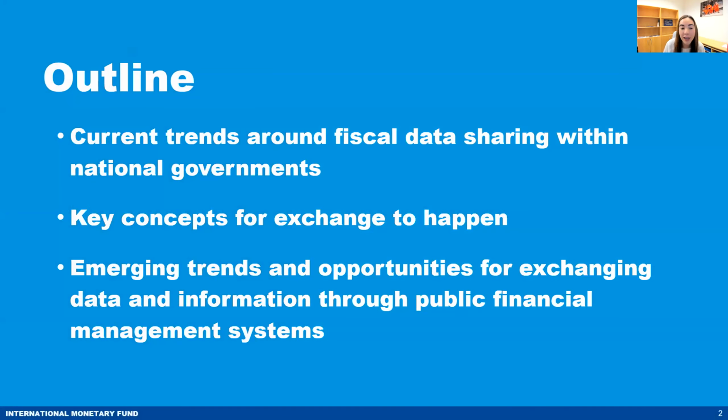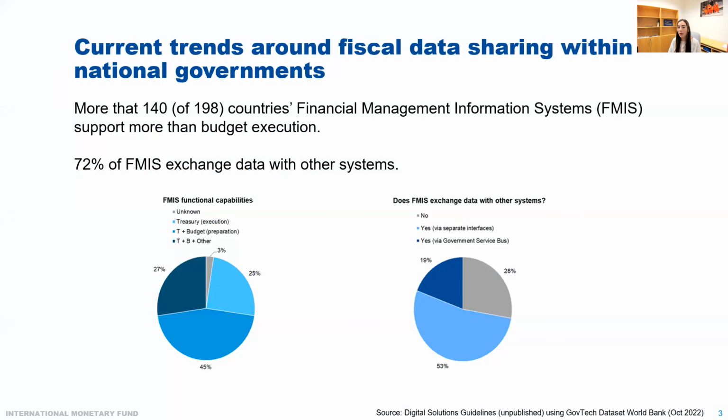So first of all, I already told you this is what we are going to be talking about: current trends around fiscal data sharing within national governments. So this goes back to which countries already have financial management information systems. The World Bank did this survey. It's a GovTech data set of the World Bank, from 2022.